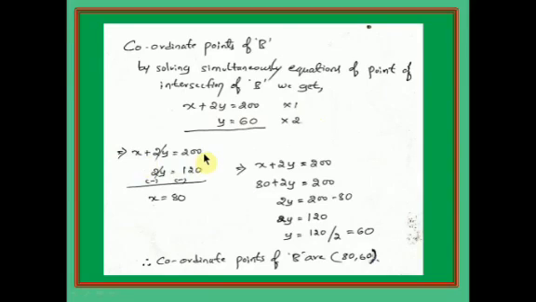There is no change in it. And y is equal to 60 becomes 2y is equal to 120 by multiplying by 2. After changing the signs, this 2y and this 2y cancel each other and become 0. After that, x alone remains, and 200 minus 120 is 80. So x equal to 80 is the answer.